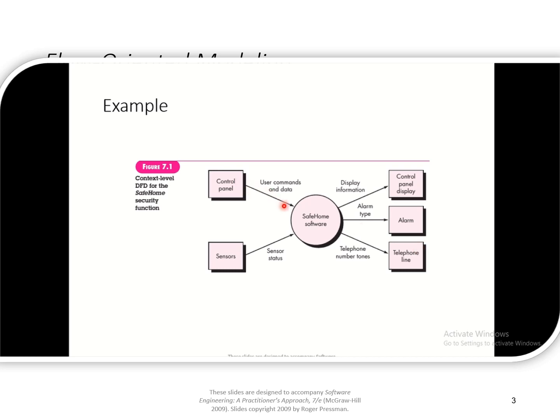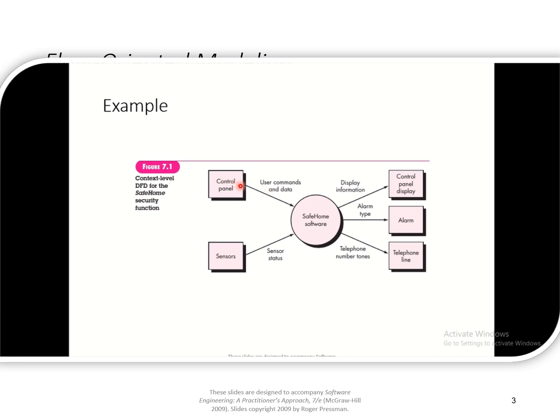This is the information flow towards the system, and this is the outgoing flow towards the external entities, which are basically consuming these values. You can say that these are the producers and these are the consumers.